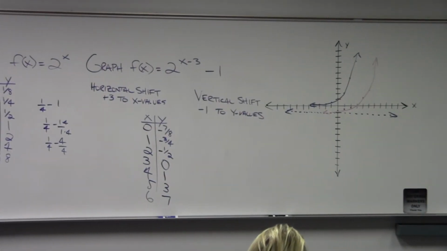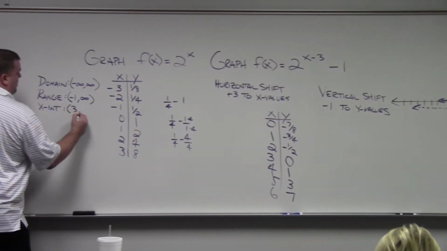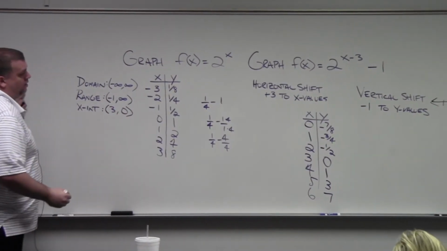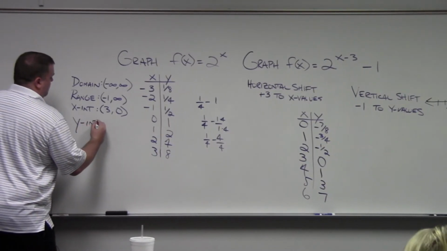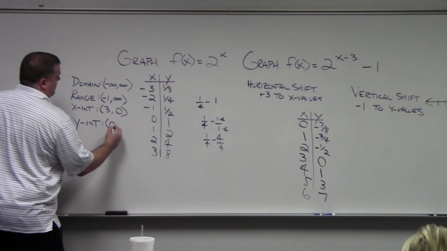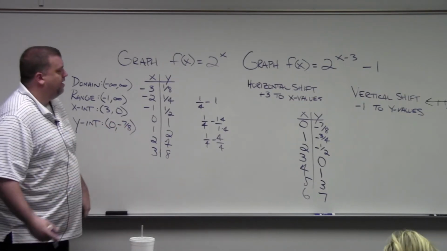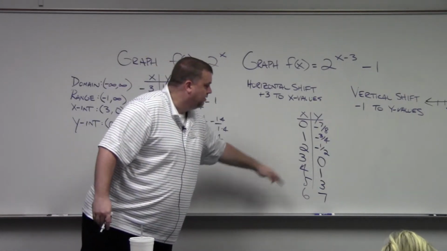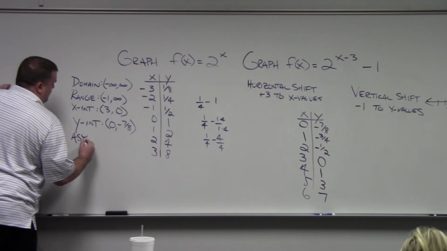Do we have an x-intercept? Yep. 3, 0. We have a y-intercept. Right. 0, negative 7/8, right? If you're having trouble seeing it on the graph, you should have it also in your table. And an asymptote.